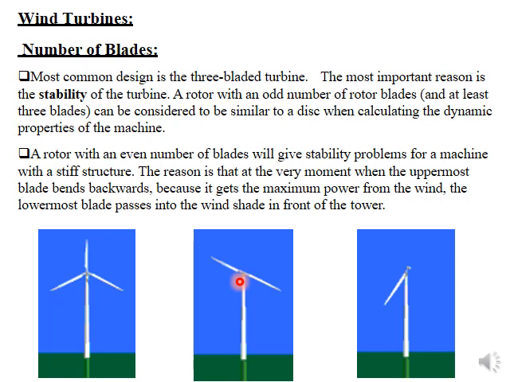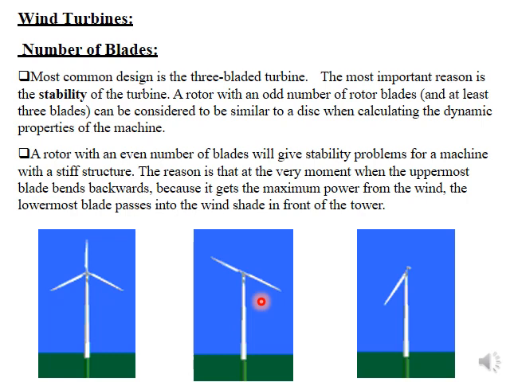And how the 3 blade will stabilize, it is similar to if we use a 2 blade turbine. Then the top blade, which receives the highest amount of the air, will deflect backward, and at the same time the bottom blade will come in line with the tower of this turbine, so it will not impart that much and there may be some stability issues.